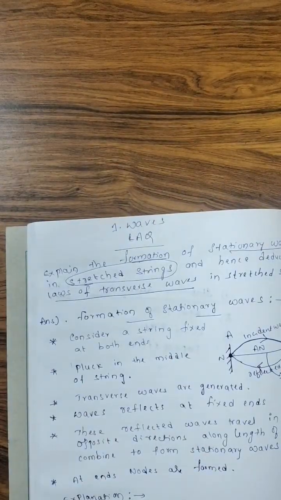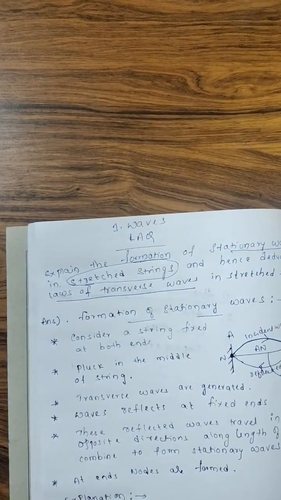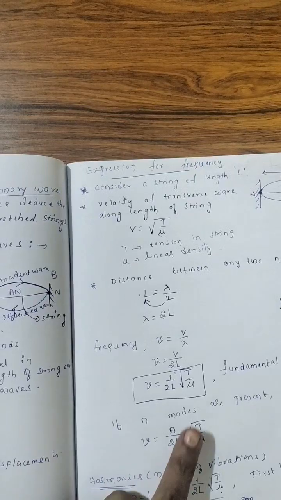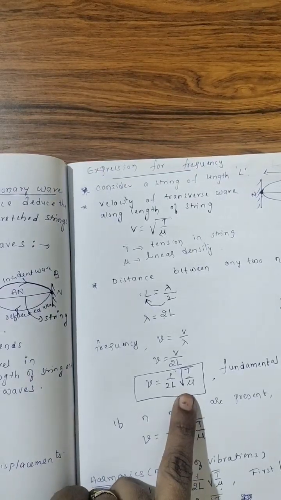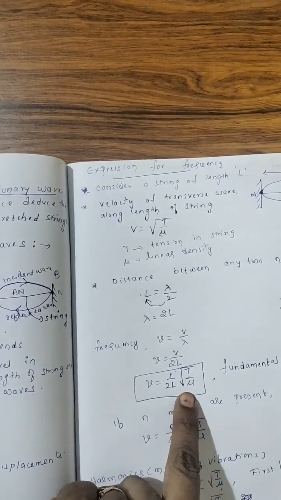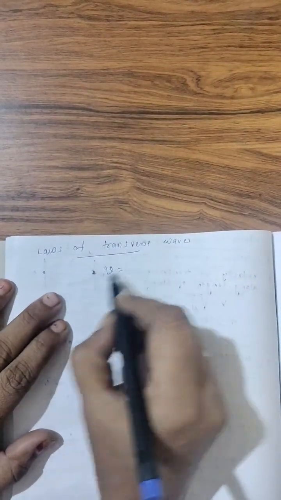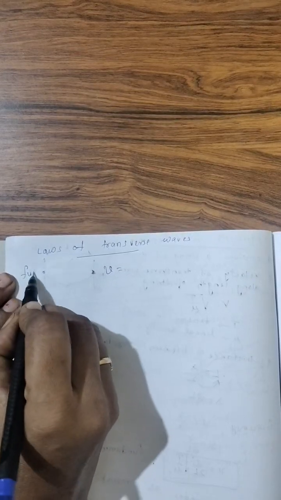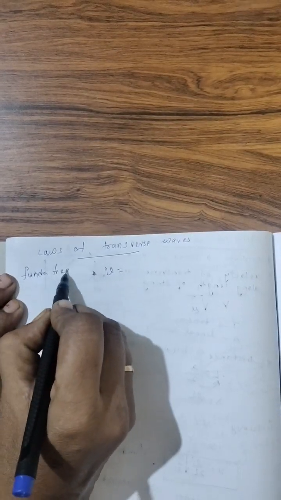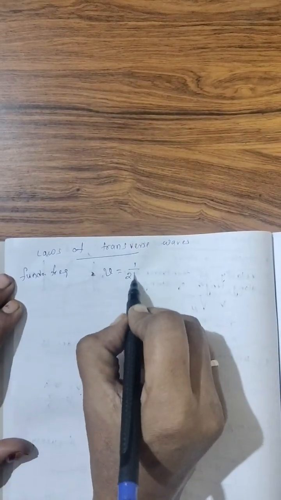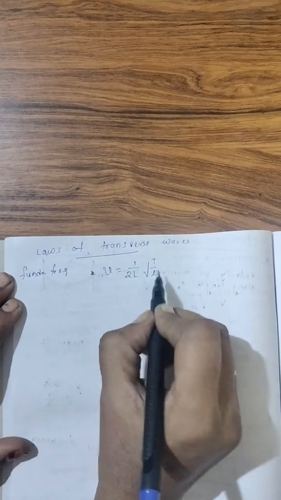Already here you derived the formula for fundamental frequency, right? So no need of by hearting. Just turn the page and write down the formula for fundamental frequency right here. Fundamental frequency 1 by 2L under root T by mu.